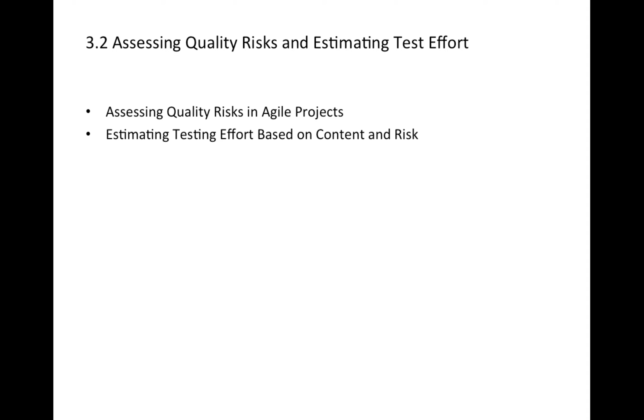Assess each identified risk, which includes two activities: categorizing the risk and determining its level of risk based on impact. Then determine the extent of testing in proportion to the level of risk, and select the appropriate test techniques to mitigate each risk. So these are the few steps we can think about.